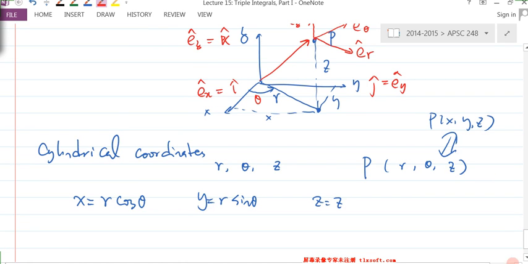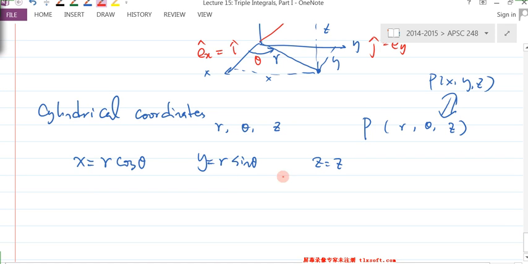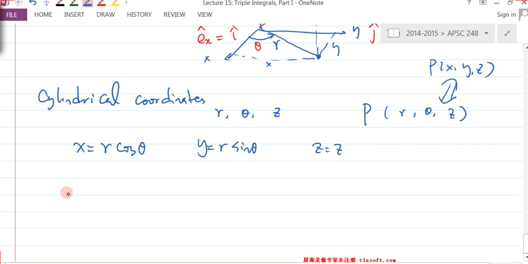Okay. So now we have the cylindrical coordinate system here. What we need to figure out is, if I want to evaluate in this cylindrical coordinate system, how do we transform from the previous Cartesian coordinate to this cylindrical coordinate? Previously, this is the Cartesian coordinate, f of x, y, z, dV, right?